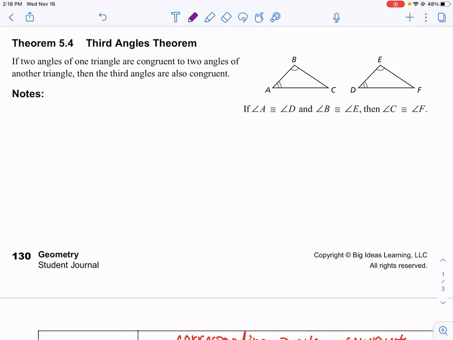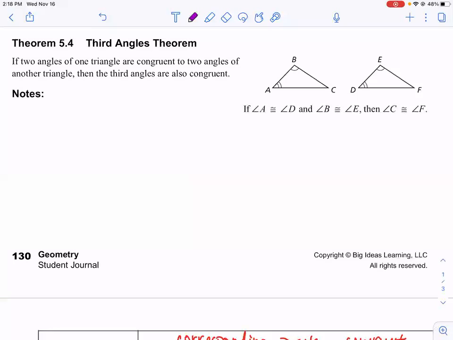Because if we take these two and add them together, then what's left over from 180 is going to be the same. So all you really need to know is that two angles are congruent to two angles, and then you know the third is going to be the same also.